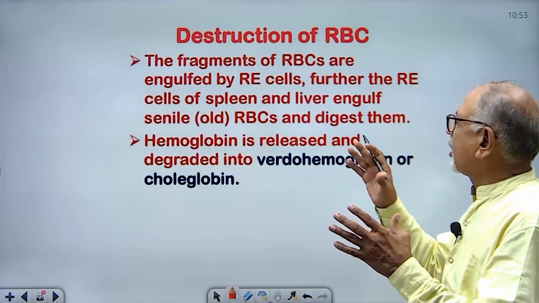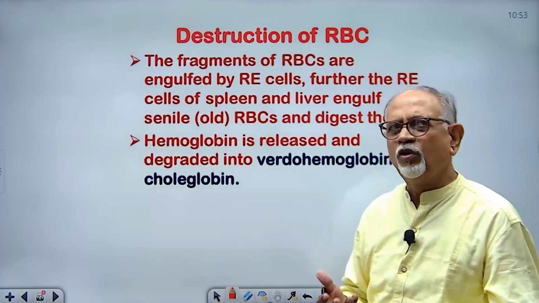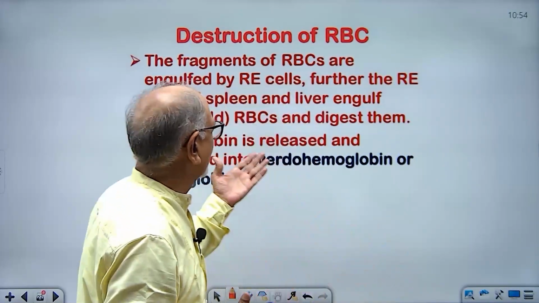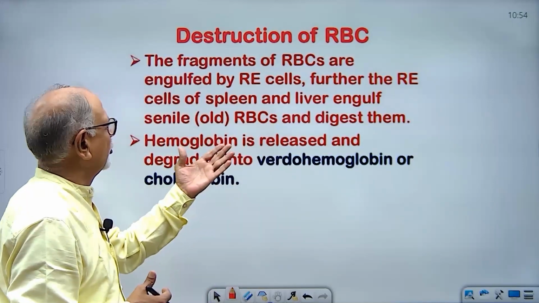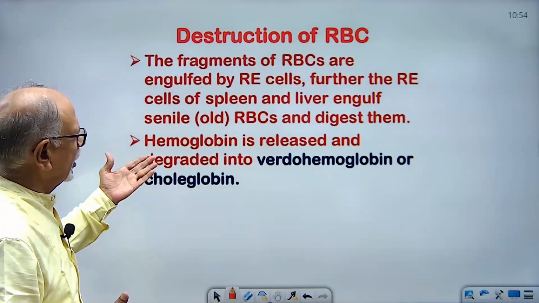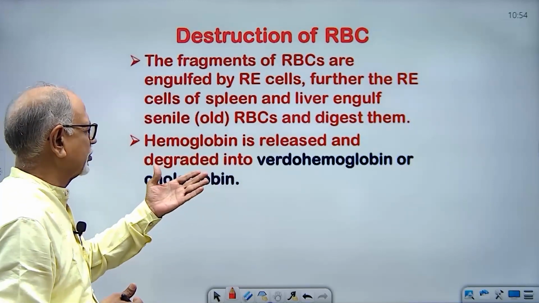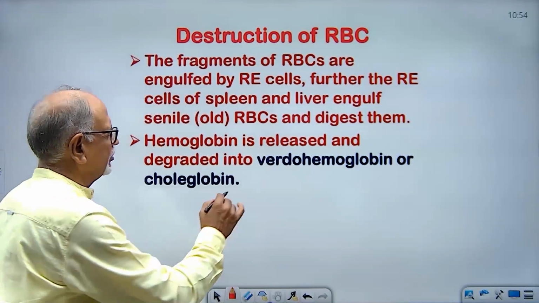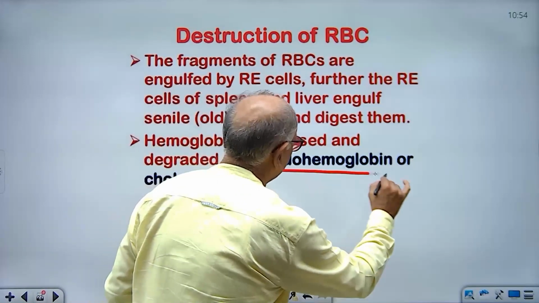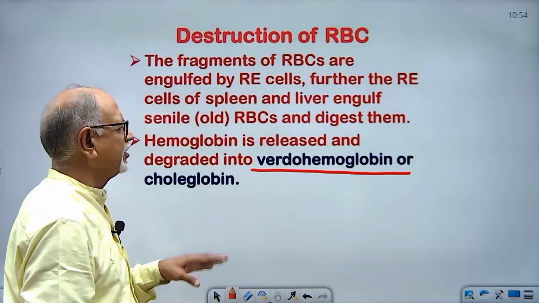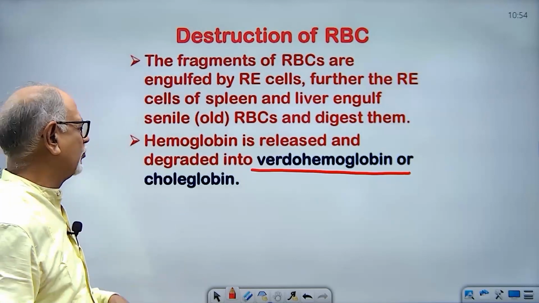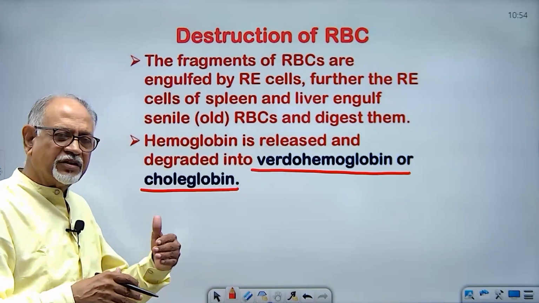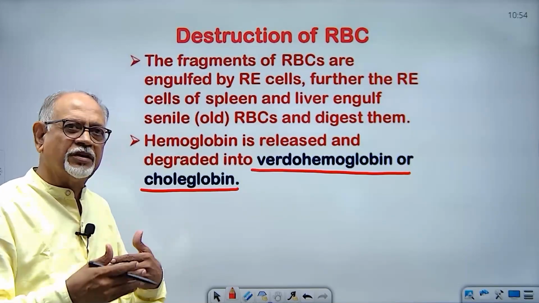The senile RBCs, senile means old RBCs, are also destroyed and sent to the macrophage cells, which digest them, and hemoglobin is released. Then this hemoglobin is degraded. This is an important point here. Hemoglobin is degraded into verdohemoglobin or choleglobin, and it is circulated in the blood.